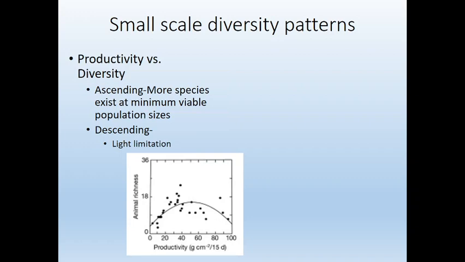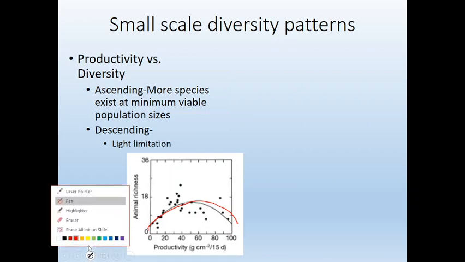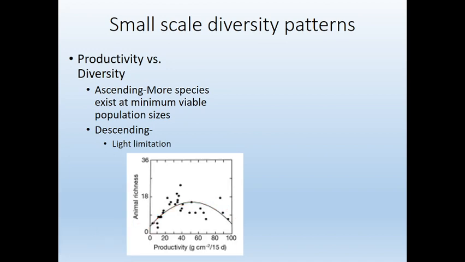And one of the most common things that we see is this hump-shaped curve, from low productivity up to really high productivity. So when we're thinking about the ascending portion of this curve, which is right here, as you get more energy, you can have more species.